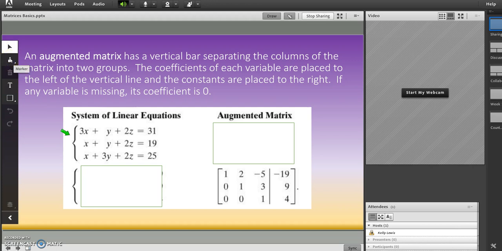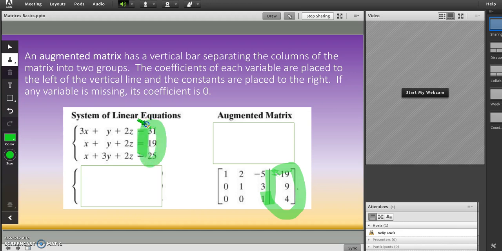First, I want to show you how to turn a system into an augmented matrix and take an augmented matrix and turn it into a system. What makes it an augmented matrix is this line right here. The line is the equal sign, and the very last column is what it equals.